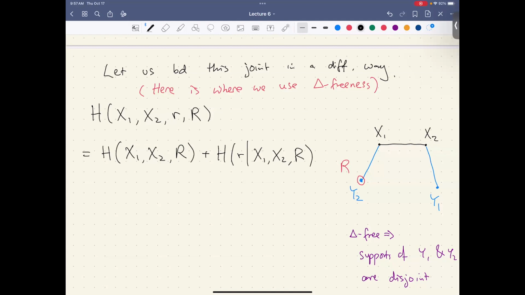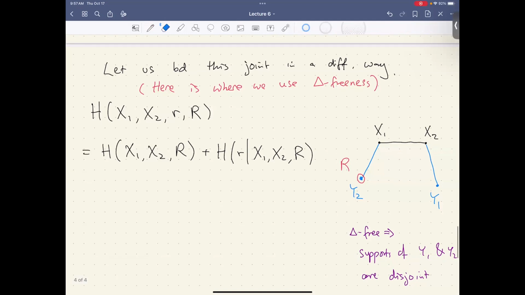We write it like this, right? Now, look at the second term here. What I'm saying here is that little r is determined by these three random variables.